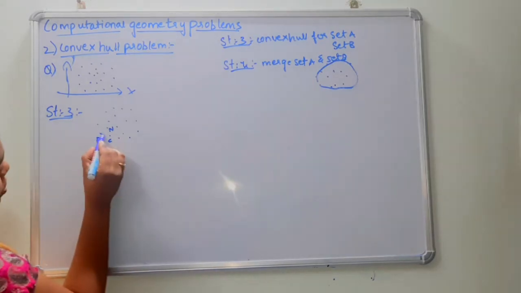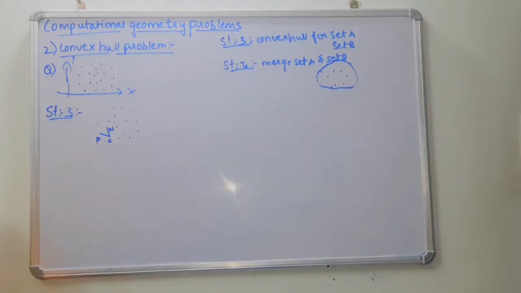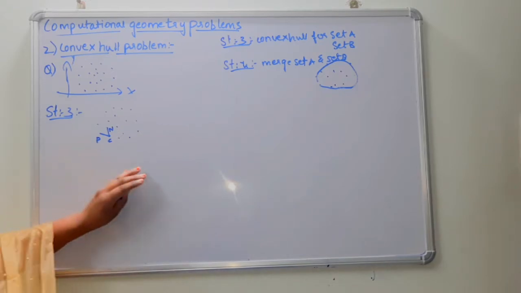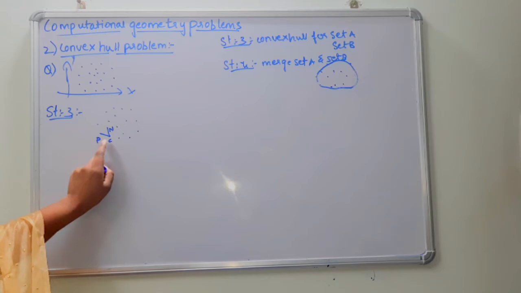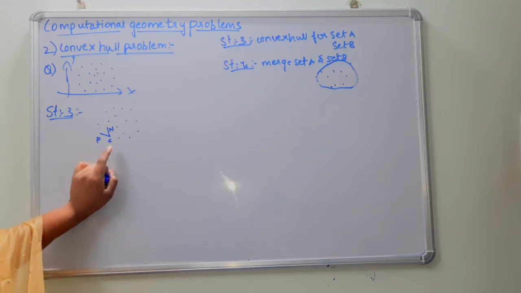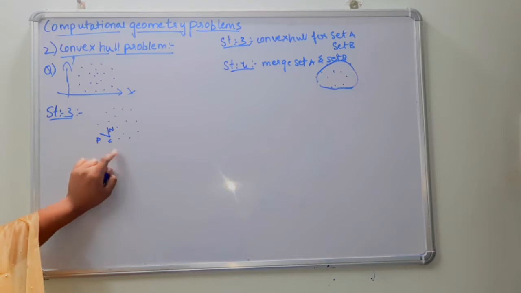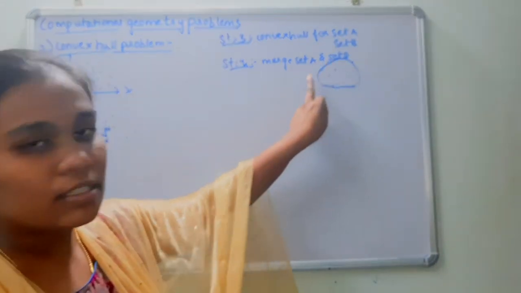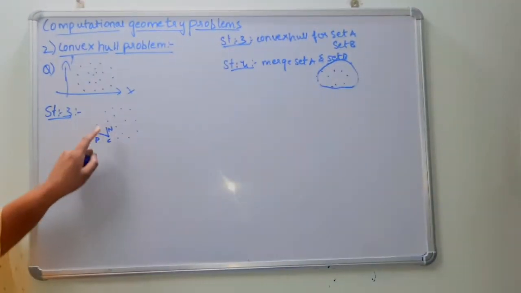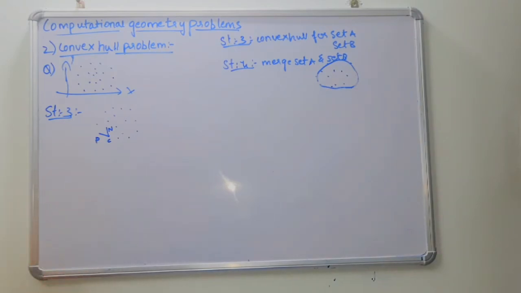Here P is going to C and C is going to N. Now we have to form a polygon. Here P to C is in the form of a polygon, but C to N is not. In order to get it that way, what do we have to do?